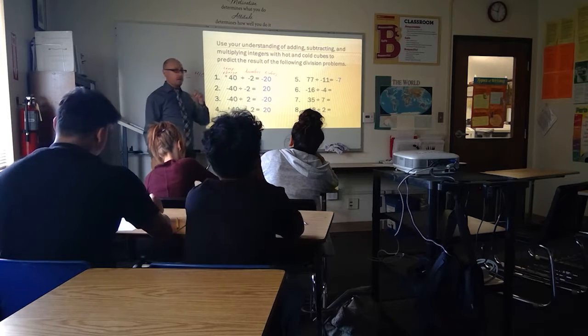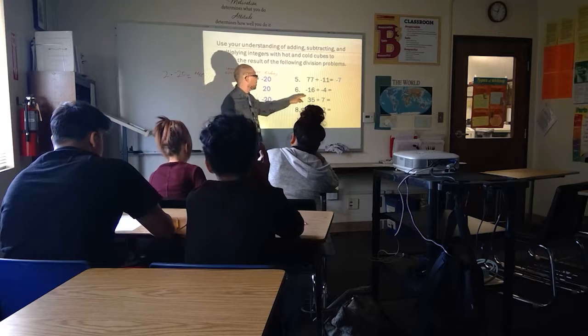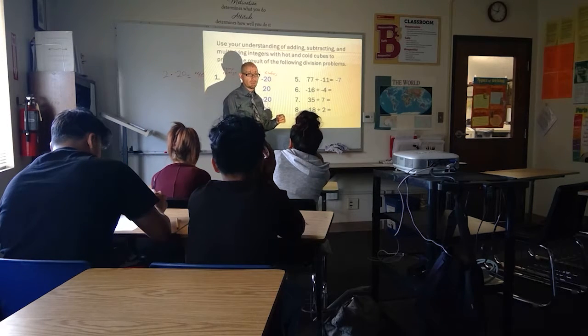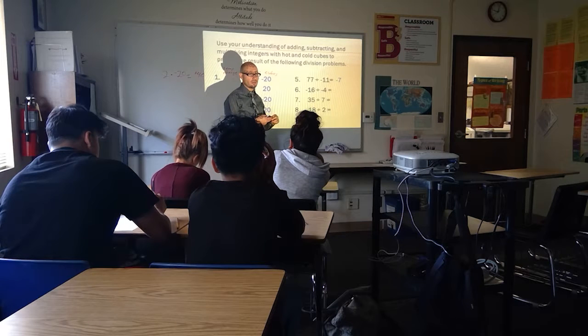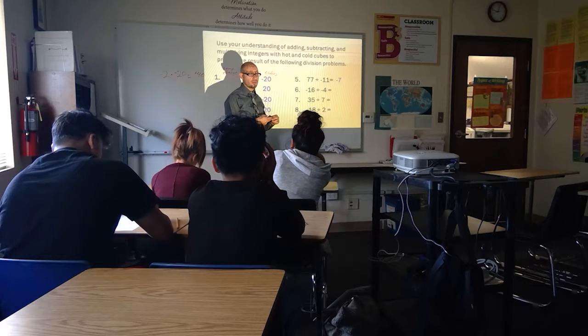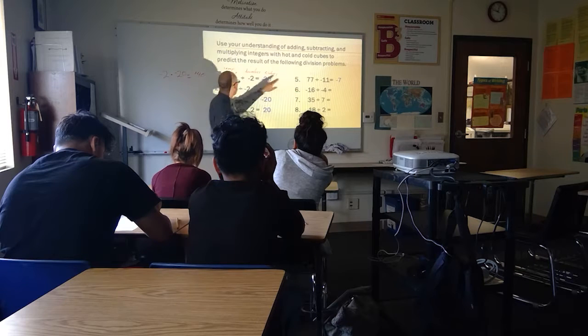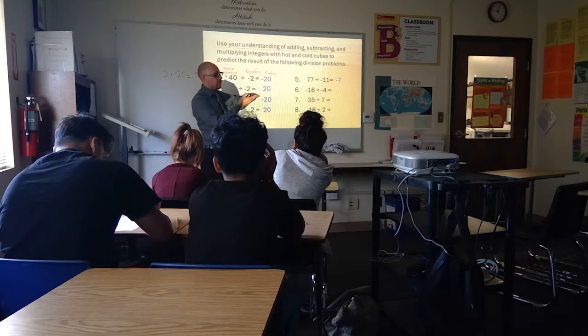Thank you so much. Can you help that young lady? What's this? The negative 16 represents individuals. Okay, he said this was the total temperature change, right? So the temperature went down 16.